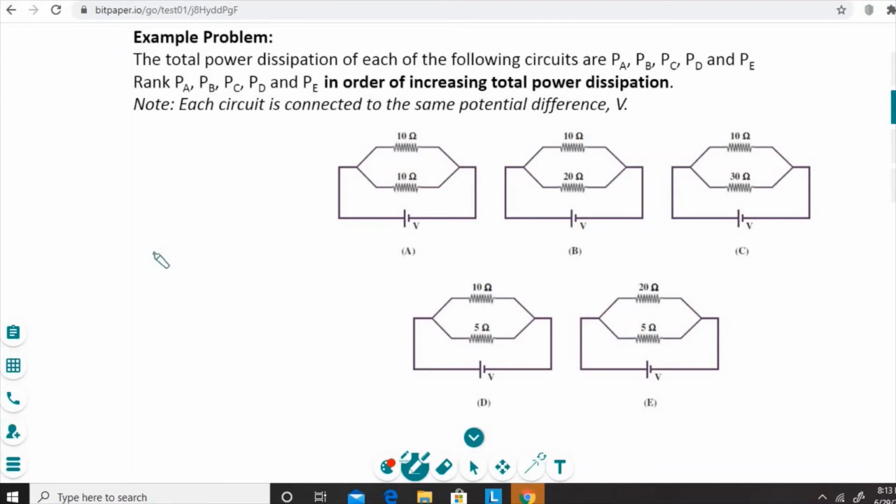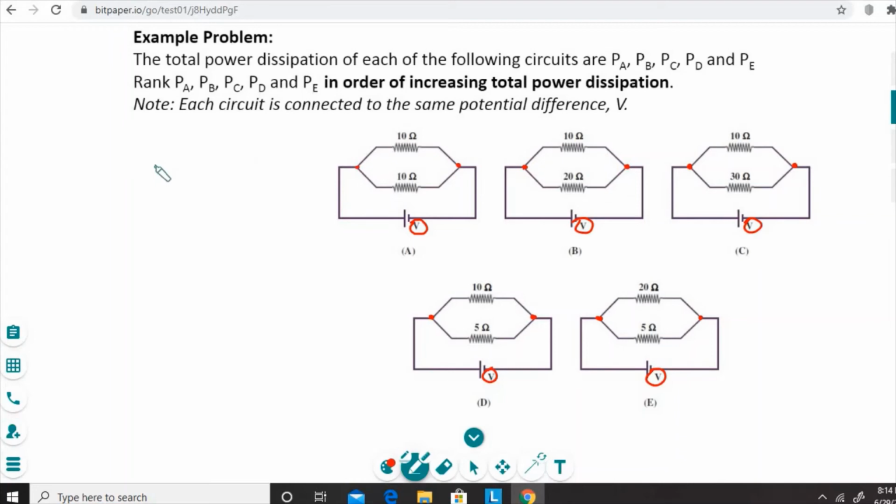Note, each circuit is connected to the same potential difference V. So that means the battery voltage is the same for all 5 cases. What does that mean? It means that the potential difference between these 2 points for all the circuits will be the same. It will be V.